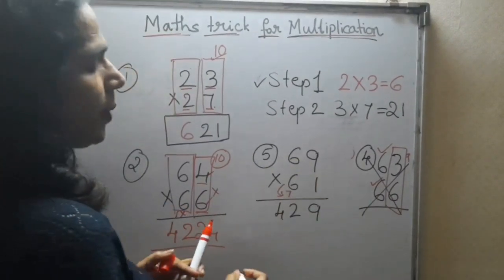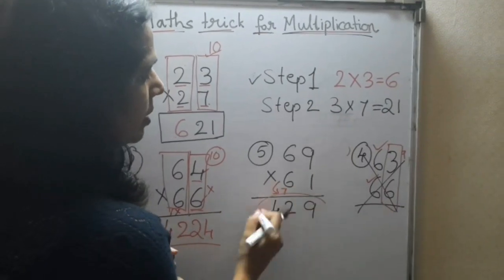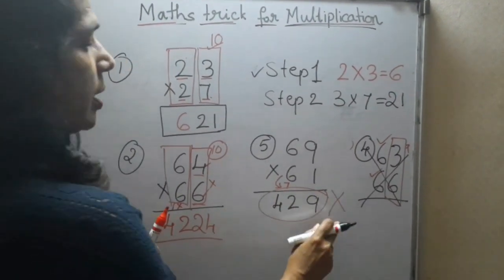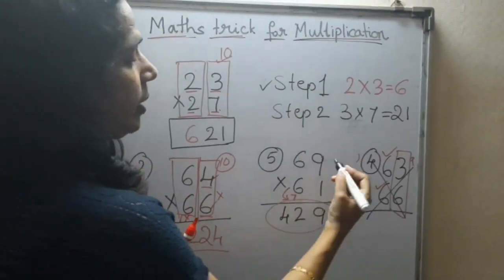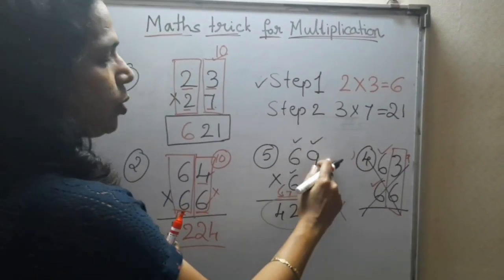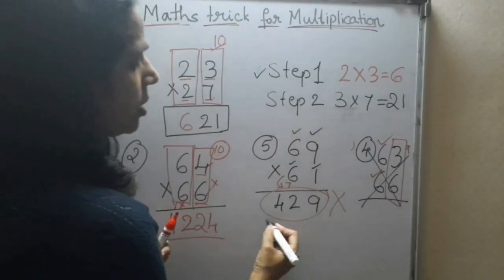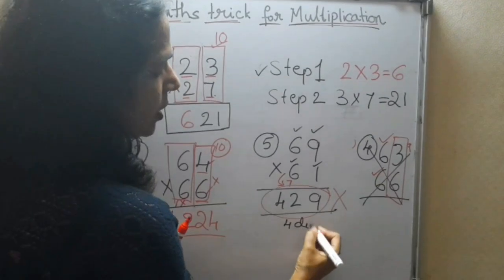Now see here, if I write this 69 into 61 like this, the answer is wrong. Why is this answer wrong? You have to keep it in mind. When you multiply 2 digits by 2 digits, your answer also should be in 4 digits.